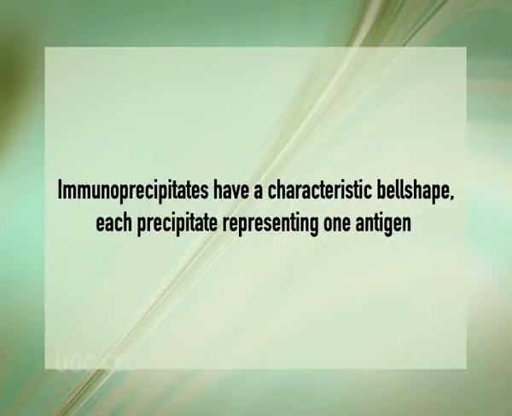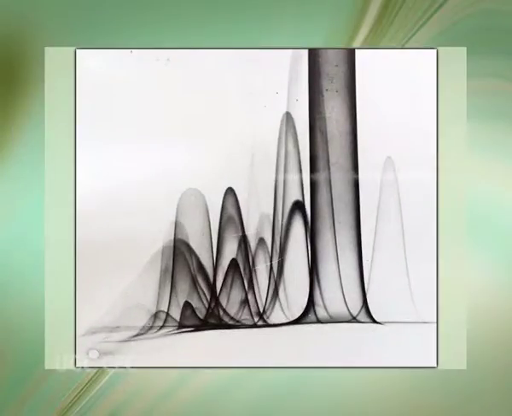Immunoprecipitation will take place during the second dimension electrophoresis, and the immunoprecipitates have a characteristic bell shape, each precipitate representing one antigen, the position of the precipitate being dependent on the amount of protein as well as the amount of specific antibody in the gel. So, relative quantification can be performed. Crossed immunoelectrophoresis has been used for studies of proteins in biological fluids, particularly human serum and biological extracts.